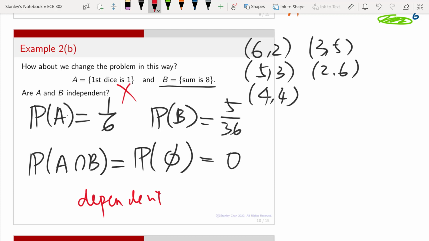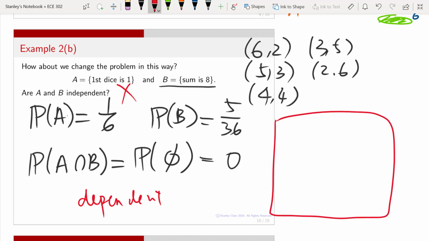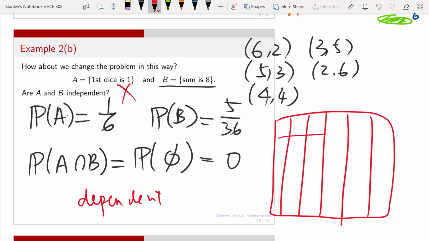Now you can see why this hand-waving argument does not work. The hand-waving argument seems to work here, but it does not work in the previous example. The hand-waving argument saying that A is influencing B, B is influencing A, that kind of argument does not work. But if you follow our definition, it actually works. Now, if you want to draw the diagram, that will also tell you why. So let's say we have 36 numbers.